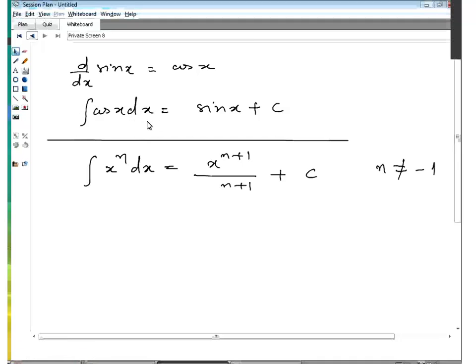This dx shows with respect to what are you integrating. I can integrate something with respect to x, I can integrate something with respect to x square, with respect to some special function. So this whole thing combined is a symbol for integration. It's an operator.